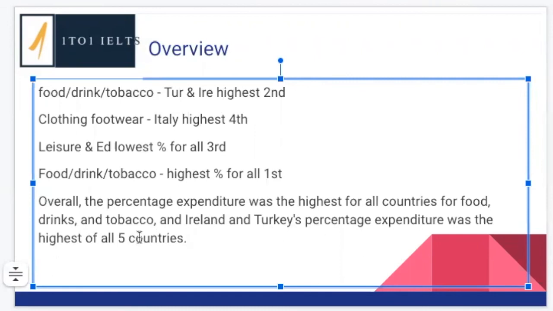So sorry if I confused you a little bit there, but I almost fell into a trap. I was thinking we were talking about the amount. So overall, the percentage expenditure was the highest for all countries for food, drinks, and tobacco. So this covers point 1. And then we're adding this more detailed part: Ireland and Turkey's percentage expenditure was the highest of all 5 countries.